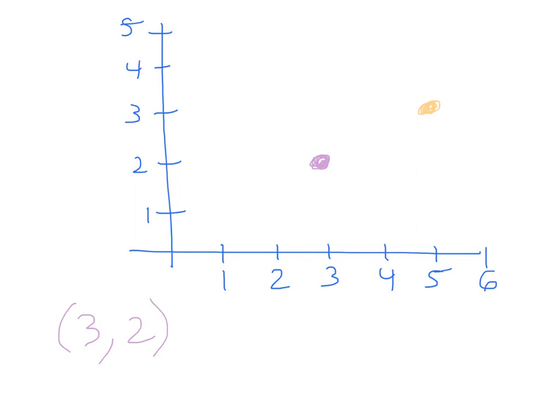Close. Close. It's actually not up to the 4. It's 5, 3. It's very hard to tell, and that's why a lot of times we want to use graph paper, because otherwise it's all over the place and we can't really tell where it is. It's 5 and 3.5. Okay, yeah, you're right. We could get very technical on that, but we're not going to.